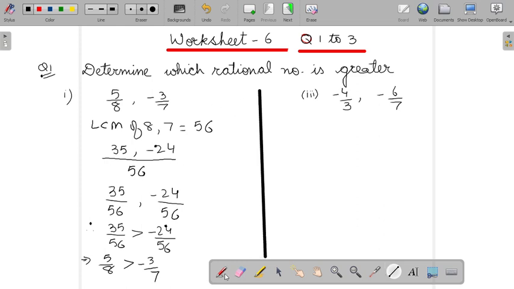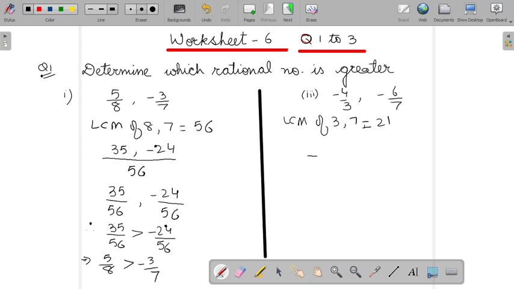Similarly, in this part, again you have to follow the same thing. Remember, see whether the denominator is positive. If it is not positive, make it positive and then follow the procedure. Here, the denominator is already positive. So find the LCM of 3 and 7, which is 21.